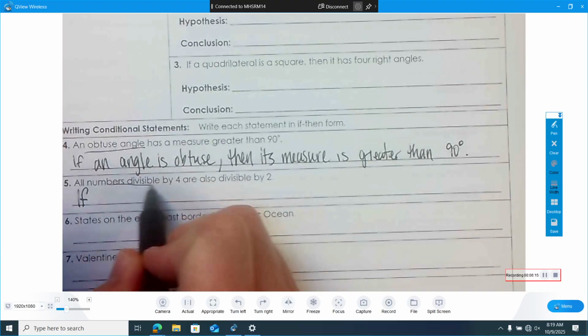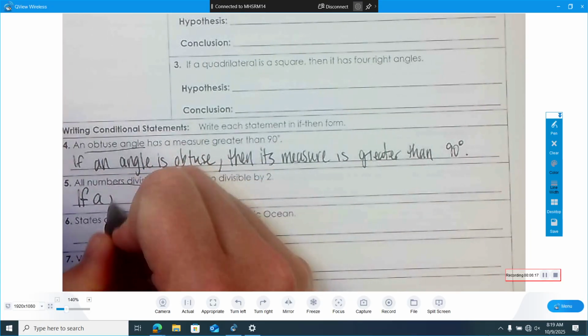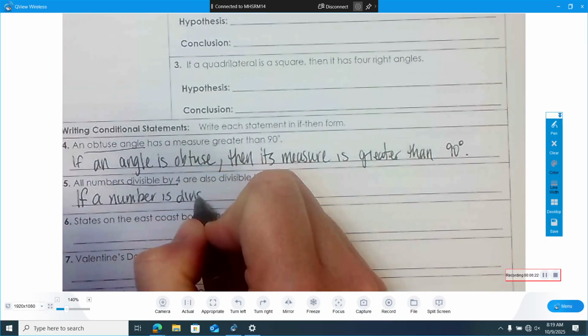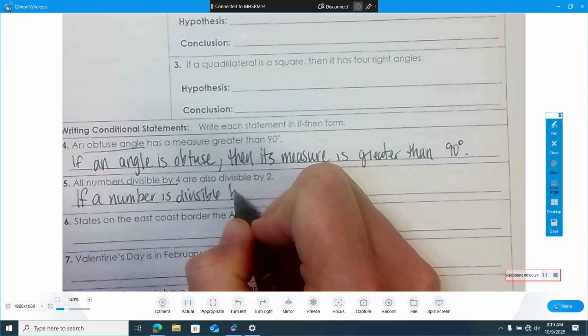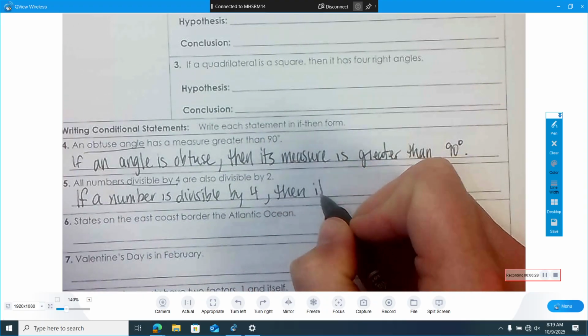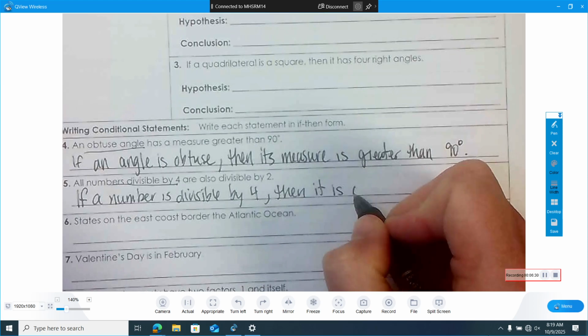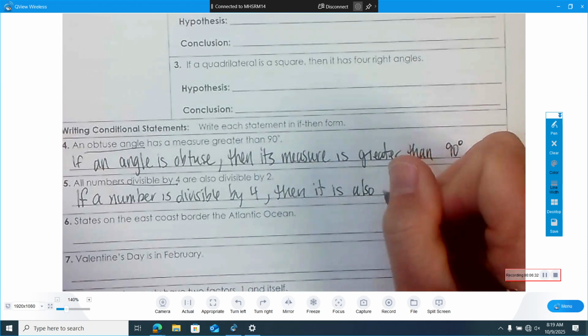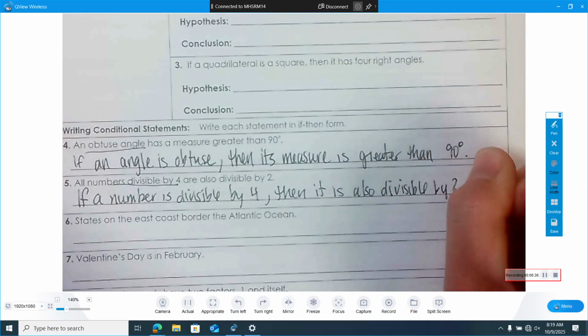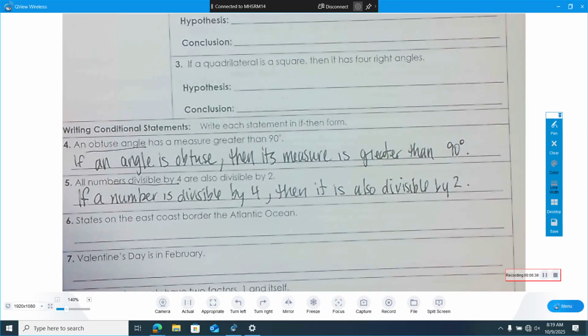Yes, if a number is divisible by 4, comma, then it is also divisible by 2. If a number is divisible by 4, then it is also divisible by 2. All right?